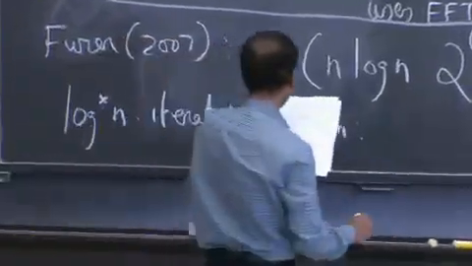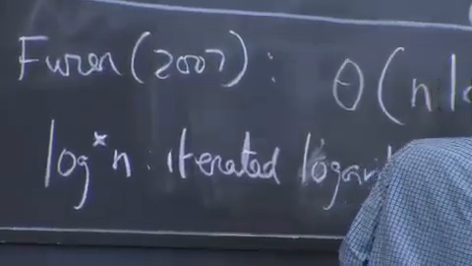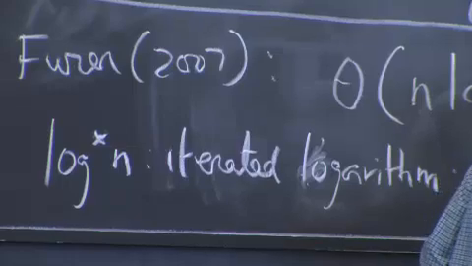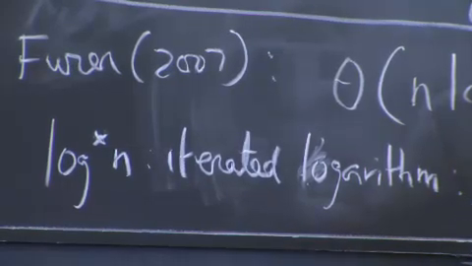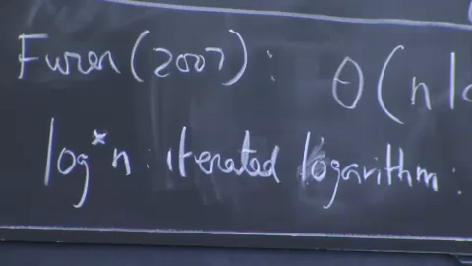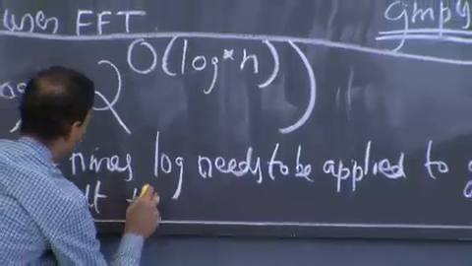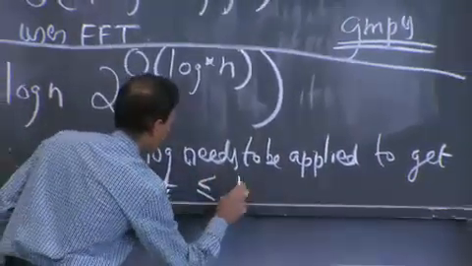The iterated logarithm is the number of times log needs to be applied to get a result that is less than or equal to 1.